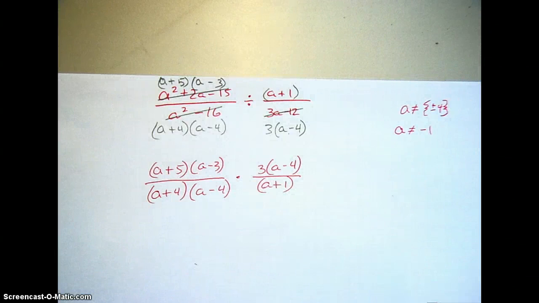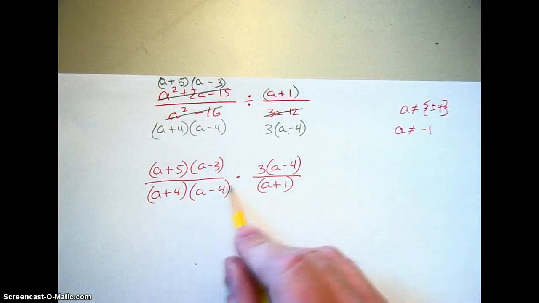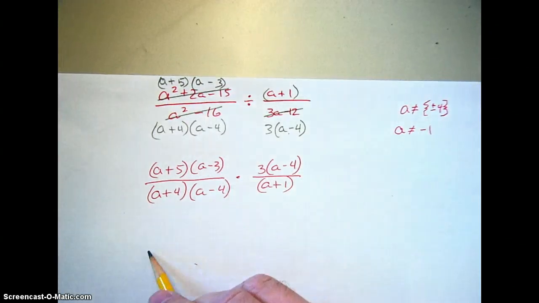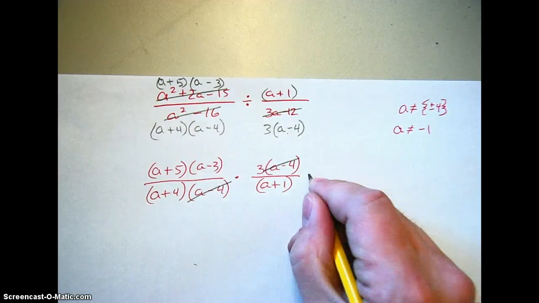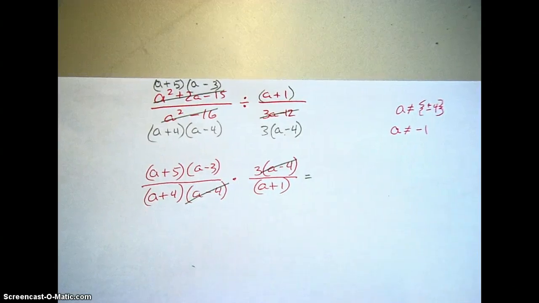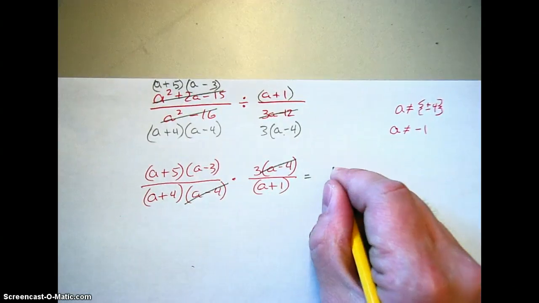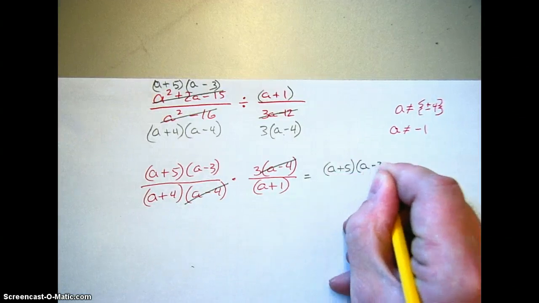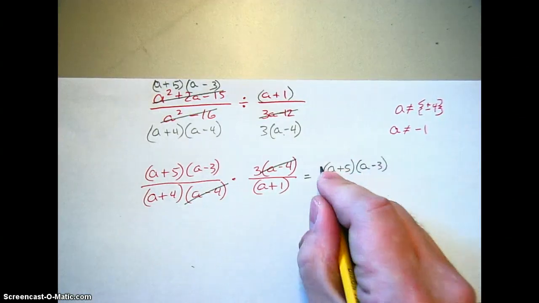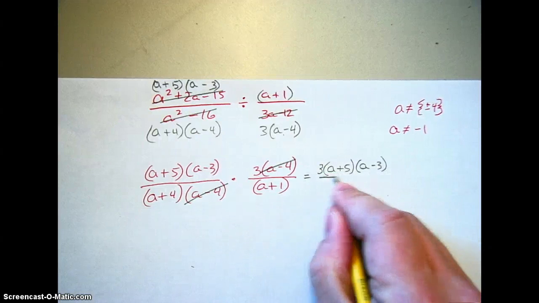Let's go ahead and cancel out here. You don't get to cancel tons. Just minus 4. The numerator we get a plus 5, quantity, and quantity a minus 3, all times 3.